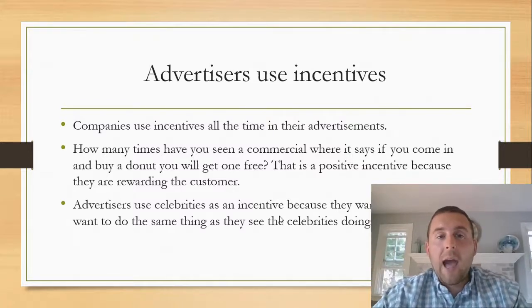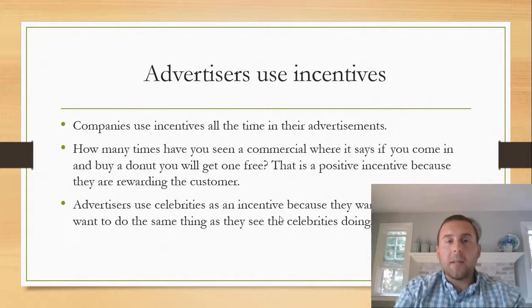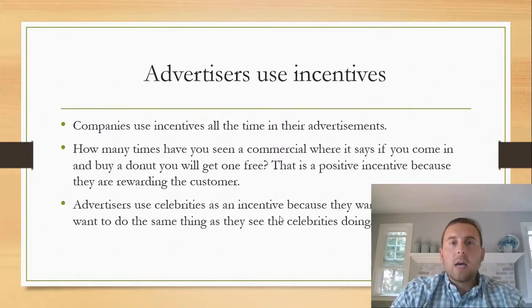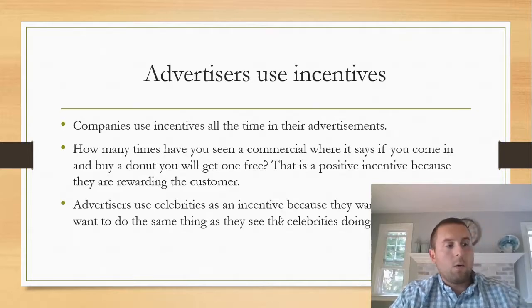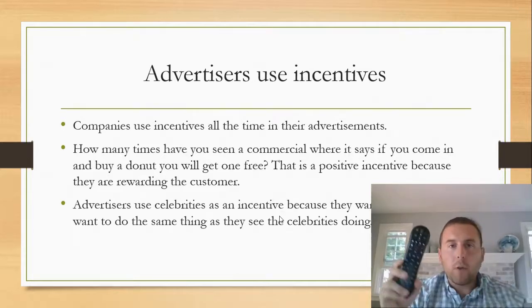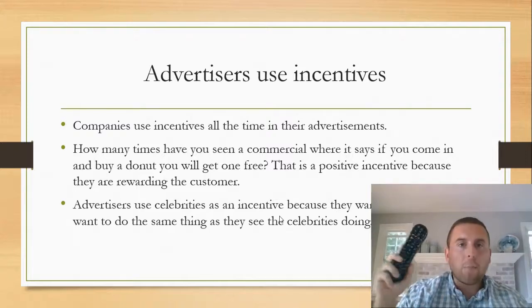Another way advertisers use incentives is they're going to use celebrities, okay? So LeBron James or actors and actresses who are advertising products. So, they'd be like, "Oh, Comcast, Xfinity, this is a great product.